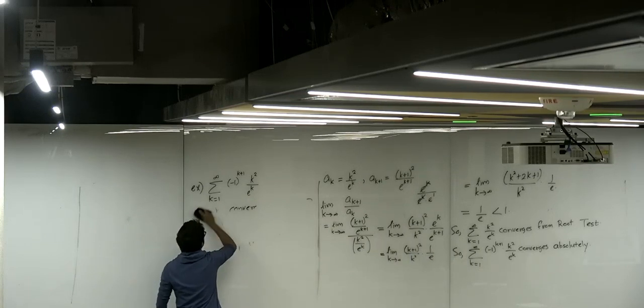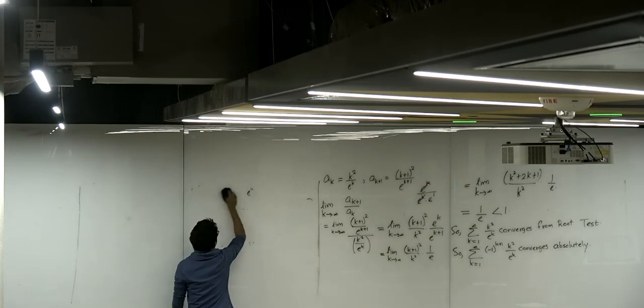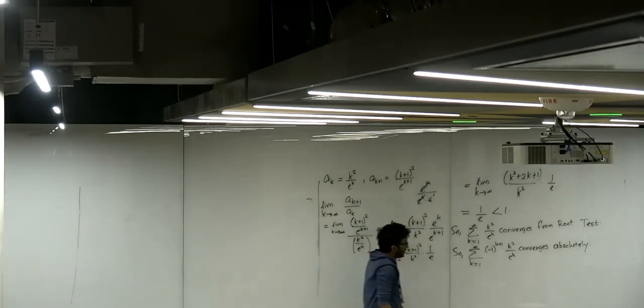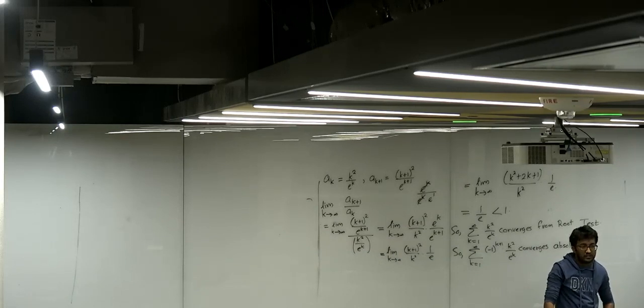So our conclusion is our given series converges absolutely. Okay. You understand the difference between conditional convergence and absolute convergence.